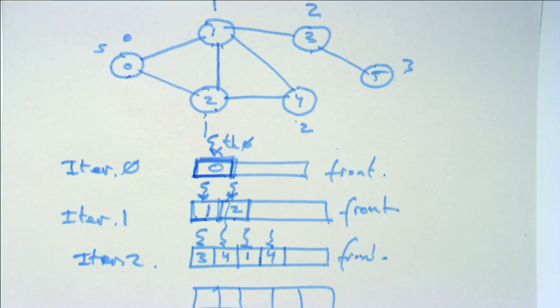Maybe some of us only have 2 or 3 friends, but there might be other people, famous people, for example, who have hundreds or millions of friends or followers. So this is very dependent on the graph, but also on the iteration, and on the way the graph is explored.